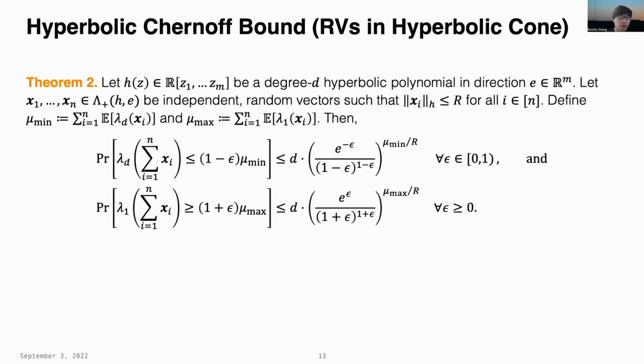Now with these properties of the hyperbolic cone, we can prove this theorem, which is the hyperbolic Chernoff bound for random vectors in the hyperbolic cone.